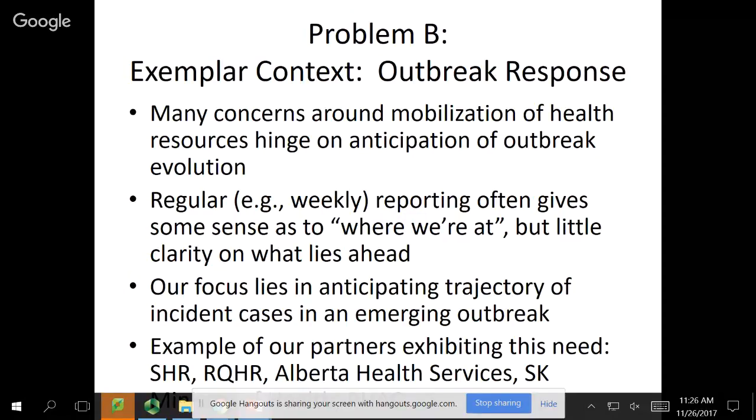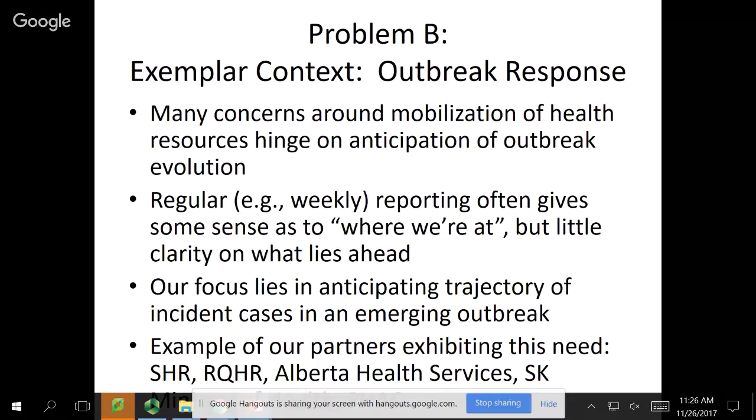We only see a glimpse of it. We see some rising number of cases, and we wonder how many people out there are actually sick. But we're also interested in clarity on what lies forward. Is this going to grow rapidly? Do we have time to mobilize resources on a more gradual basis to engage in vaccination? Do we need to make a full court press over the next week, and otherwise the situation is lost, etc.? We're interested in anticipating the trajectory of cases going forward in an emerging outbreak on an ongoing basis.